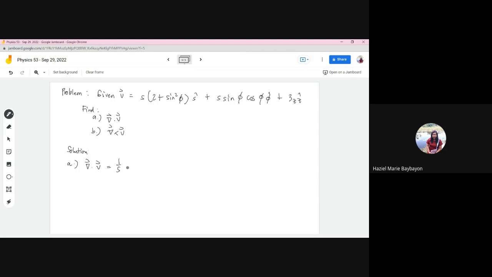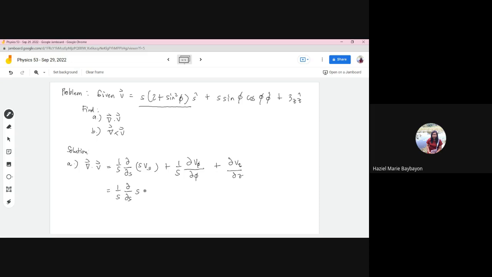You have 1 over s multiplied by the partial derivative with respect to s of s multiplied by V sub s, plus 1 over s multiplied by the partial derivative of V sub phi with respect to phi, plus the partial derivative of V sub z with respect to z. Okay, so this is the divergence in terms of the cylindrical coordinates.